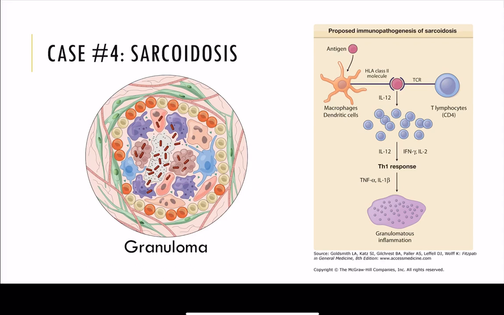So sarcoidosis can resolve. In some patients, typically about 60% of patients who have these granulomas form in their lung, they resolve without any scarring. So a patient can have this disease, and the granulomas can resolve, and they can kind of go on with their normal life.